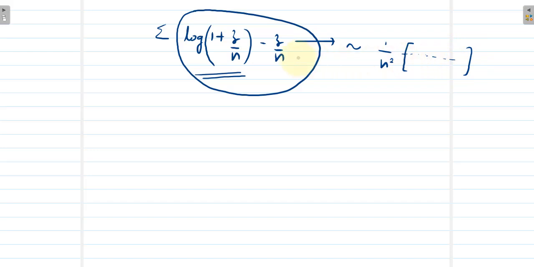Since this is the general term, it is of order n to the minus 2, and we know from the p series that sigma 1 over n to the power p is convergent when p is greater than 1. Here p is 2, so this is convergent.